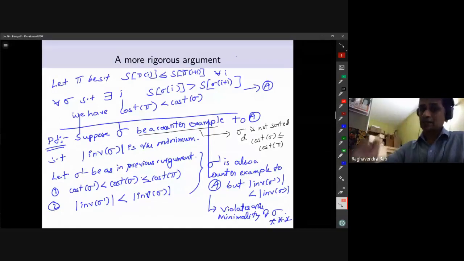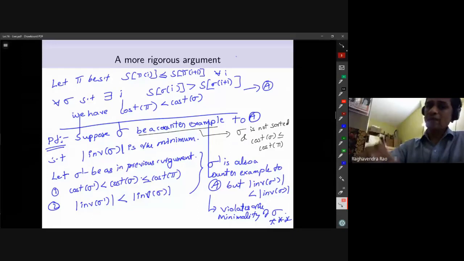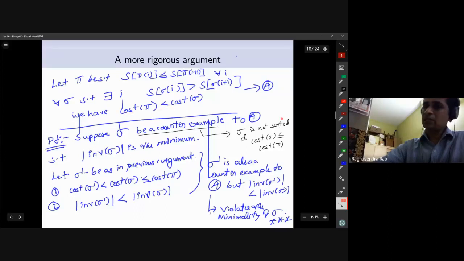That is because we are reaching a contradiction, right? So what is it a contradiction to? We have assumed that sigma is a counterexample, that is, this condition is satisfied: the permutation corresponding to sigma is not sorted, and the cost of sigma is at most the cost of the sorted order, that is pi.